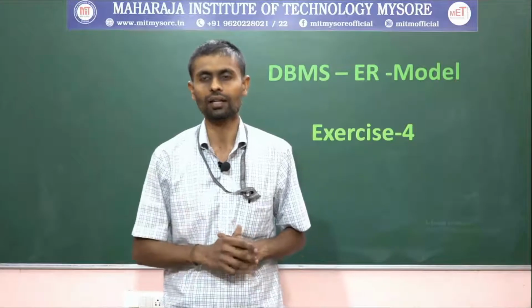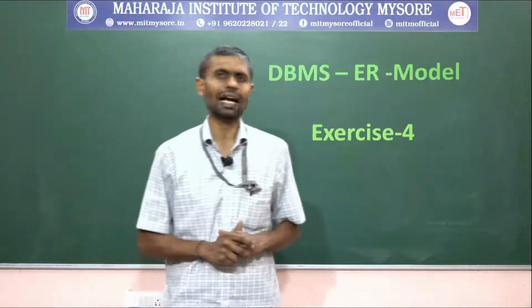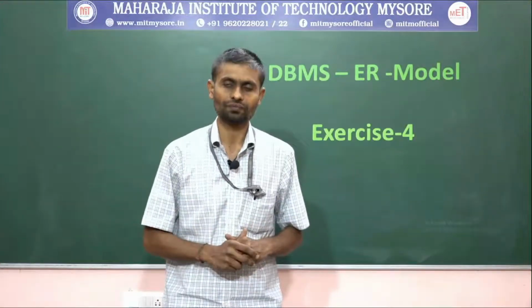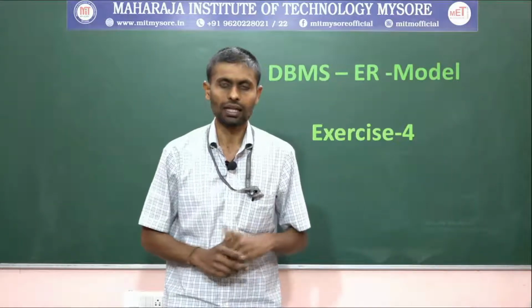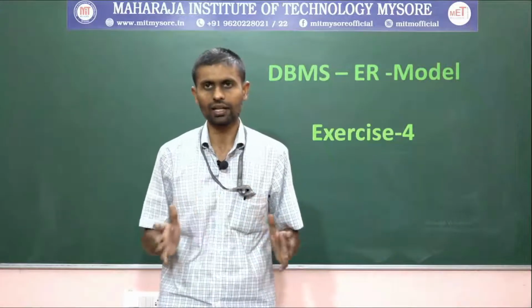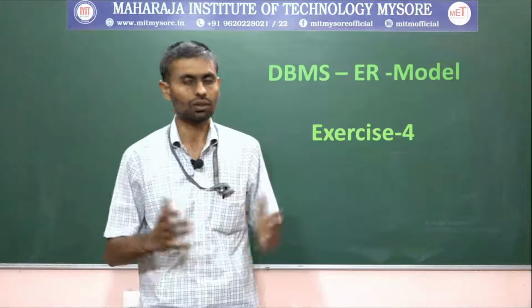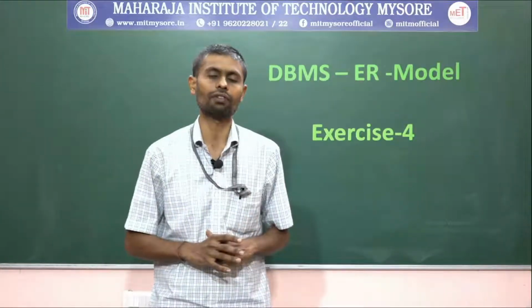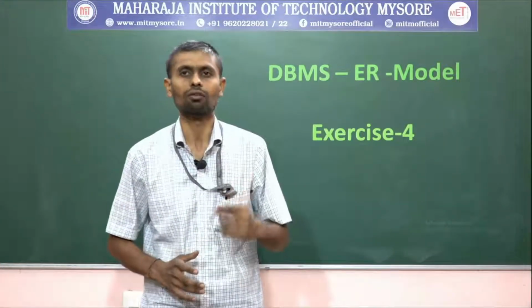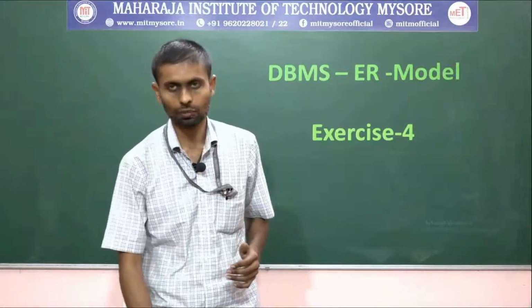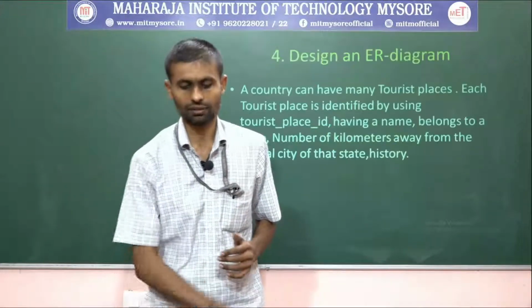model notations, right? So now guys, I am with the fourth exercise in front of you. Exercise 4 is also a kind of scenario. Even for that, we'll go with constructing an ER model. We'll start.